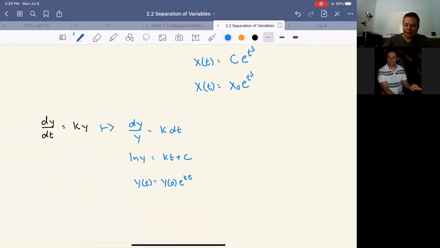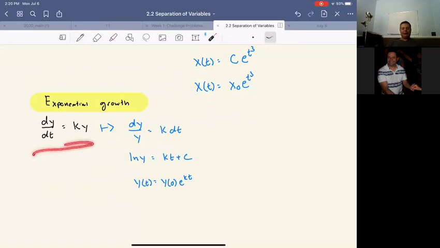So this is the model for exponential growth. And now you can see why exponential growth is so important, because this assumption that something grows in proportion to how much of it you have is ubiquitous throughout all of math and science and actually any sort of field, right? That's a very common assumption, very reasonable to make, and we use it often.